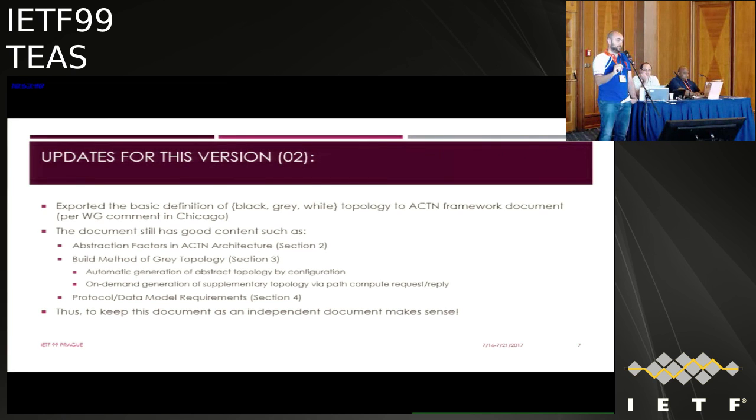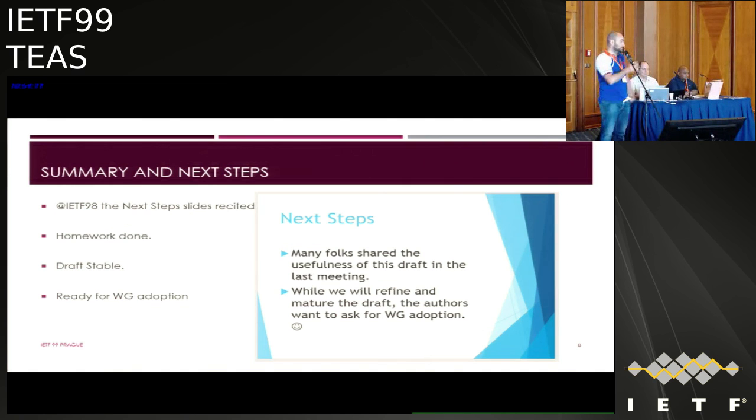It describes in detail all the different methods that can be used to build a gray topology, because that's a little bit more complex than just simply gray or simply black or simply white. And it also defines protocol and data model requirements. So these are the reasons why the authors believe that there is enough meat to keep this document standalone. But this is obviously a good topic for the next discussion.